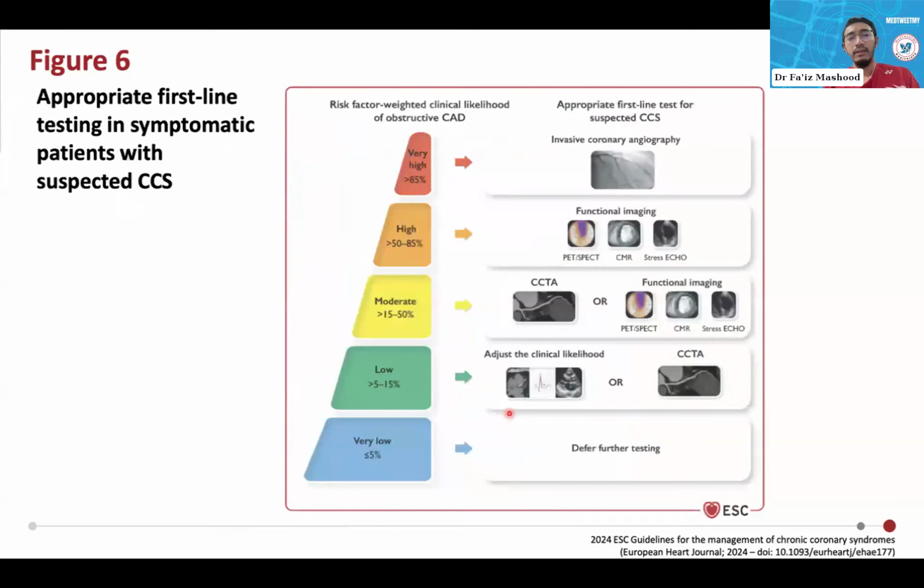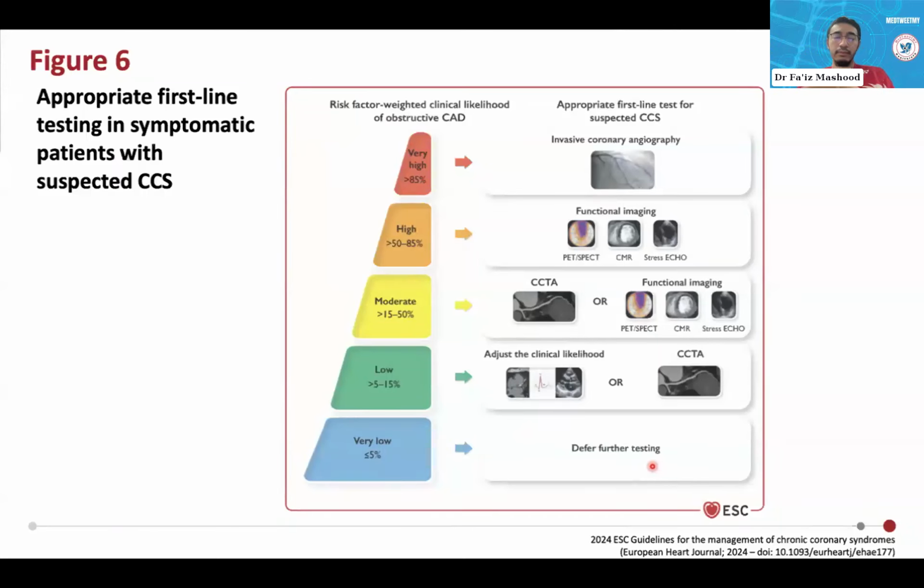Okay. And then after we have stratified our patients, either by using the SCORE2 model or the RFCL model, then we follow this algorithm. If, let's say, like our athlete just now, he's considered a very low risk, so it is safe actually to defer further testing. So we can say to our athlete, actually pretty much unlikely you are dealing with any cardiac event, but you can continue to do your annual medical checkup.